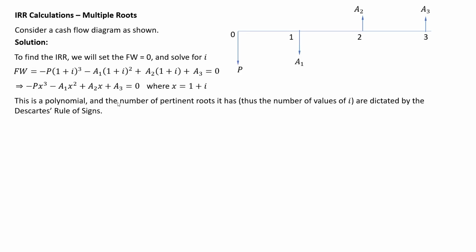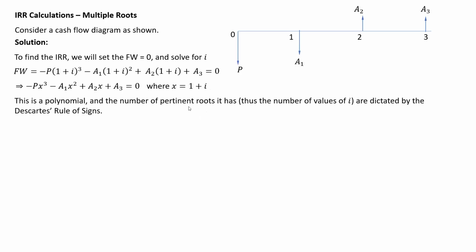So the roots of this polynomial, or even a bigger polynomial in a different case, could be complex. But is a complex root pertinent in this case? No. Then we are saying i is a complex number. The interest rate is a complex number. There is a little confusion: i is the square root of negative 1 in complex numbers, and I'm not talking about that i. So a complex number value for the internal rate of return is meaningless. That's the point I'm trying to make.